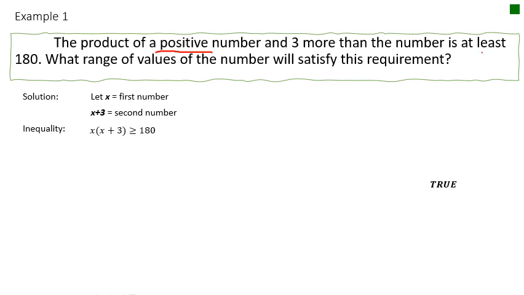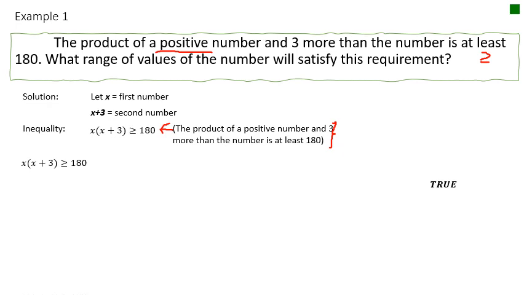So, at least, that is greater than or equal to 180. Okay? So this is the inequality because the product of a positive number and 3 more than the number is at least 180. This sentence, pag sinulat natin siya sa mathematical symbol, we have this inequality.